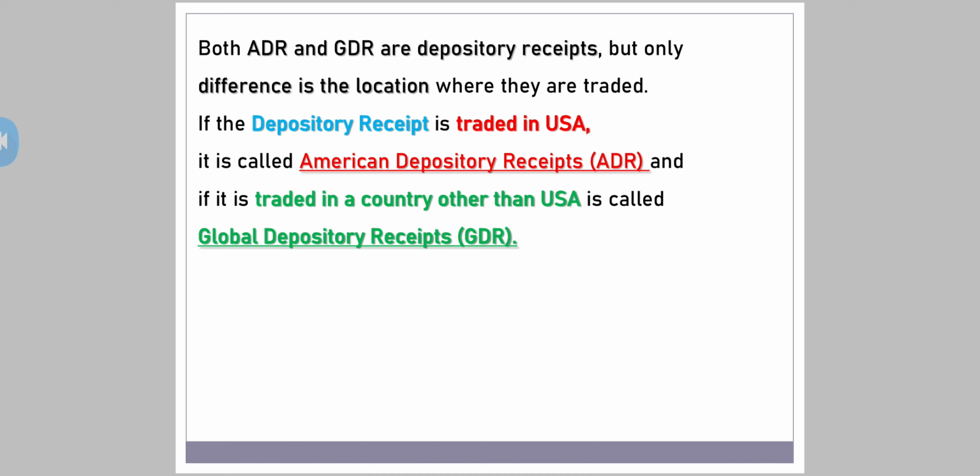See, this point is very important from your objective point of view. Depository receipt traded in the USA: American depository receipt. Depository receipt traded in a country other than the USA: it is called a global depository receipt.